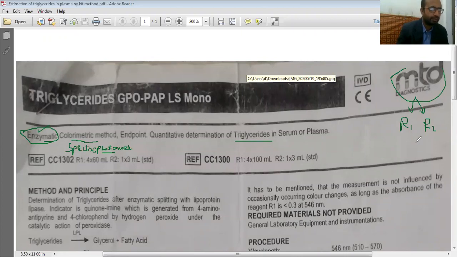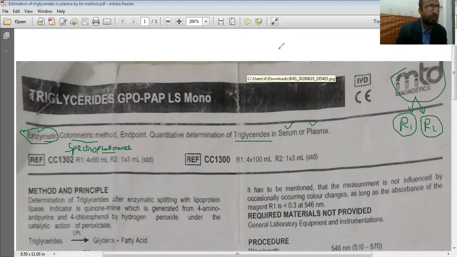Every standard solution is basically a solution whose concentration is known. The bottle labeled R2 is the standard, with a known concentration of triglycerides. And R1 would have all the reagents, enzymes and buffers required for the estimation of triglyceride in the serum or plasma.